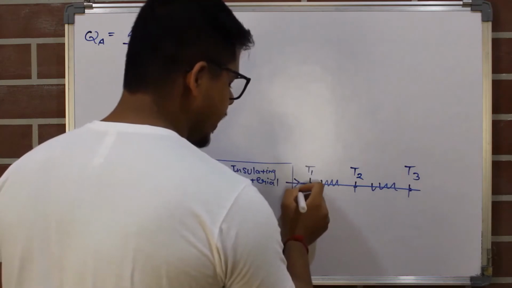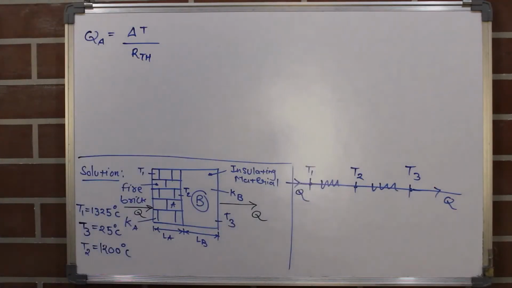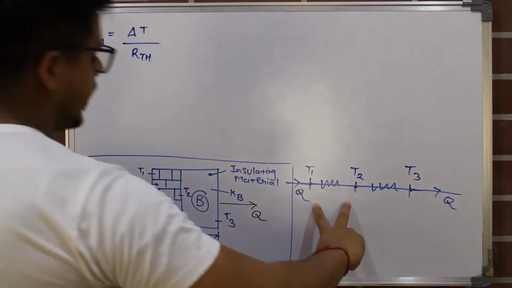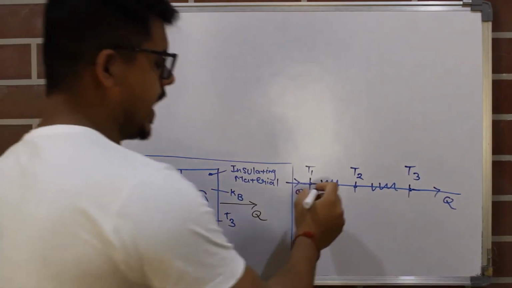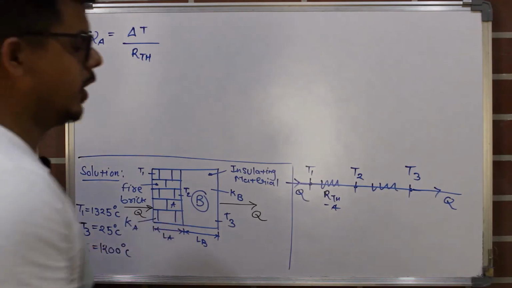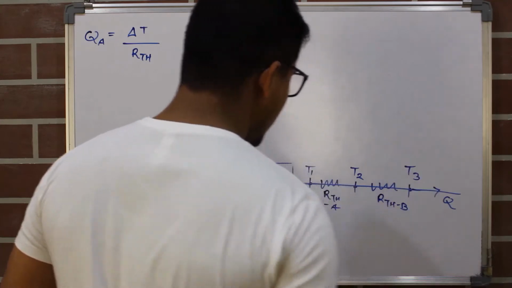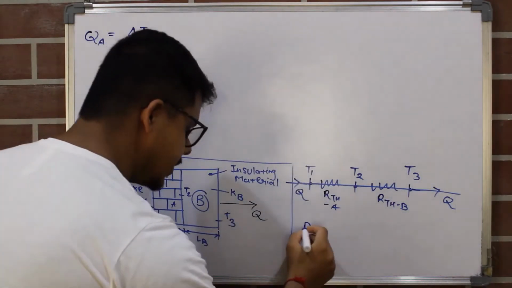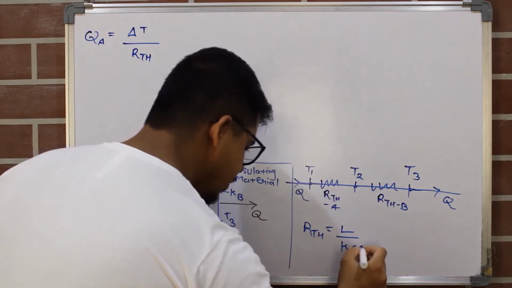This is our Q. Now the thermal resistance between T1 and T2 will be the thermal resistance of wall A, let me mark it as RTHA. And the thermal resistance between T2 and T3 will be the thermal resistance of wall B, let me mark it as RTHB. Now what is the formula of RTH? RTH is equal to L divided by K into A.